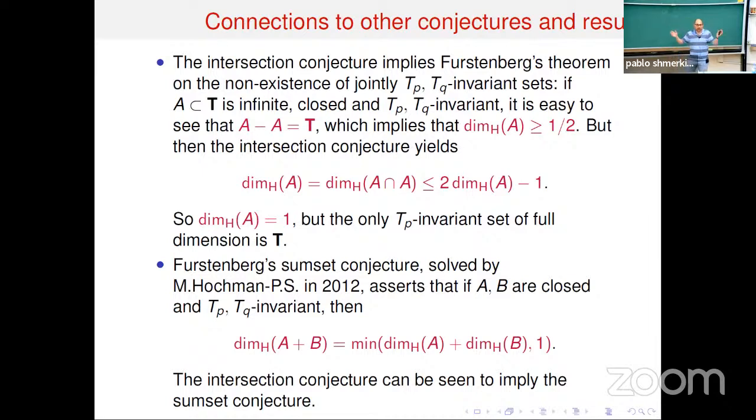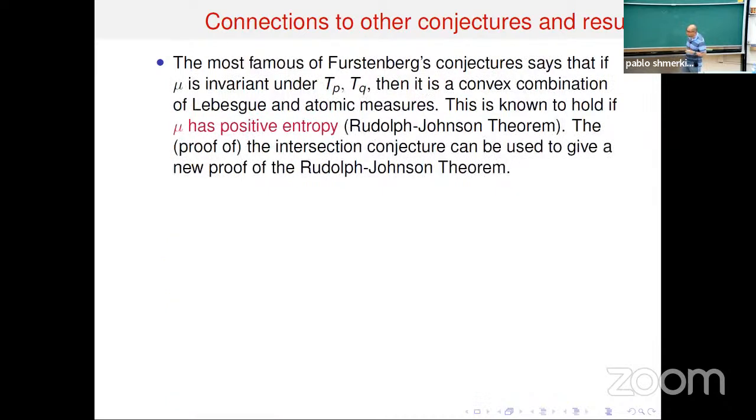Not just most slices are small, but all slices are small. So this is why I think it's correct to think that the slicing conjecture is much stronger or more uniform than the sumset conjecture. The sumset conjecture somehow says that most slices are small, but now we know that all slices are small, small in the sense of not being larger than expected.